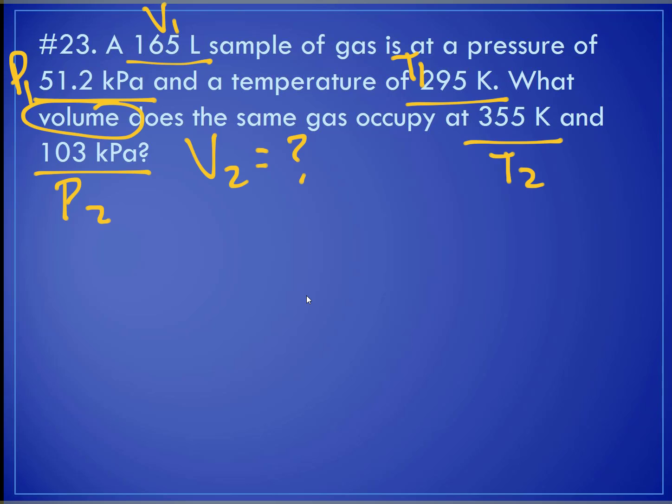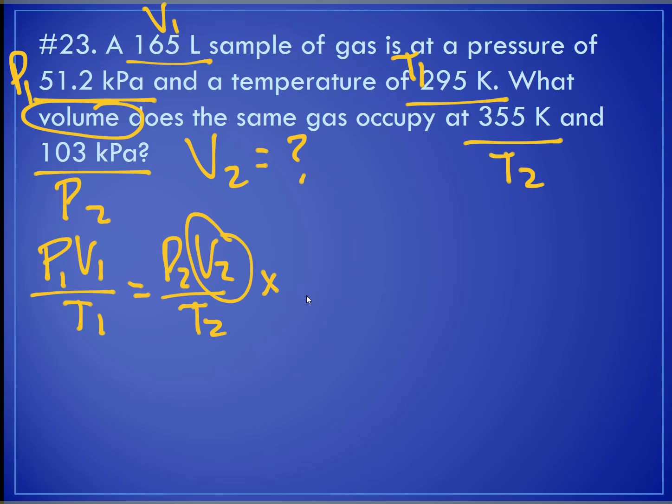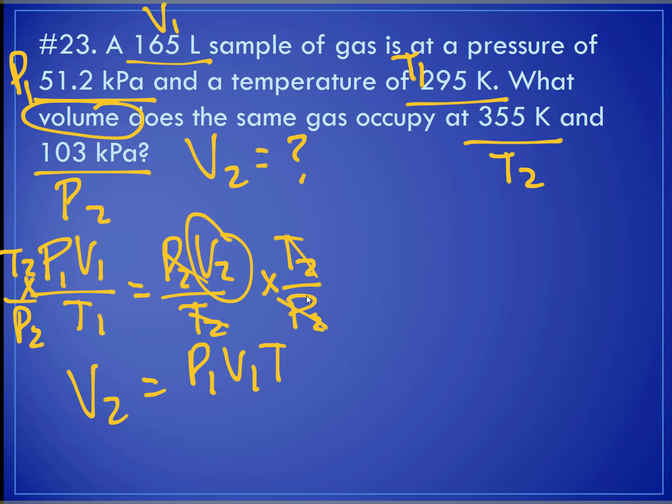So this one's going to be very similar to that last one that we just did. So write your combined gas law formula. We want to solve for V2. My temperature and pressure will cancel, and what you do to one side, you do to the other. And so then I have V2 is equal to P1 V1 T2 over T1 P2.